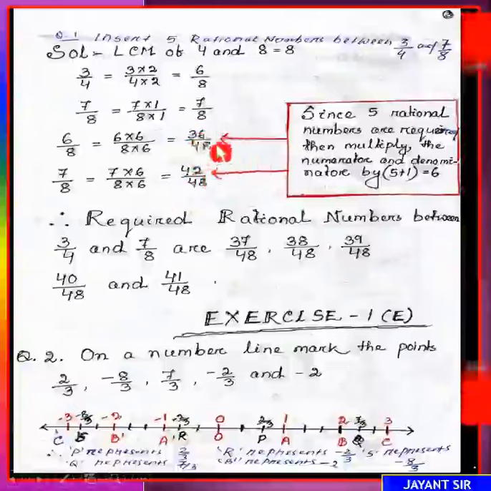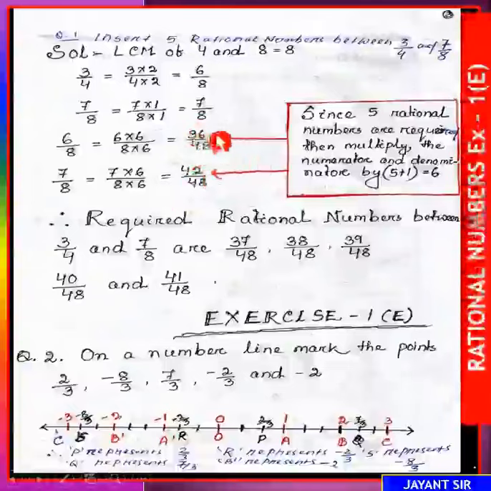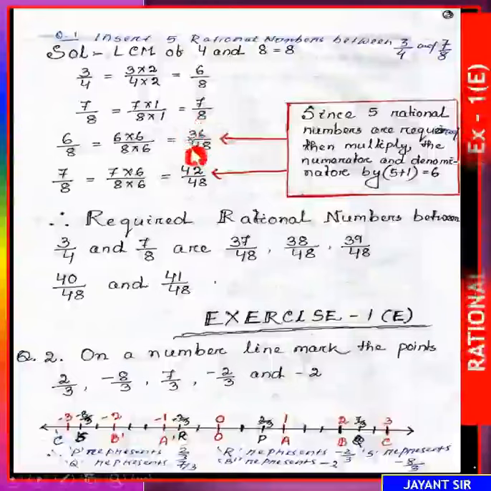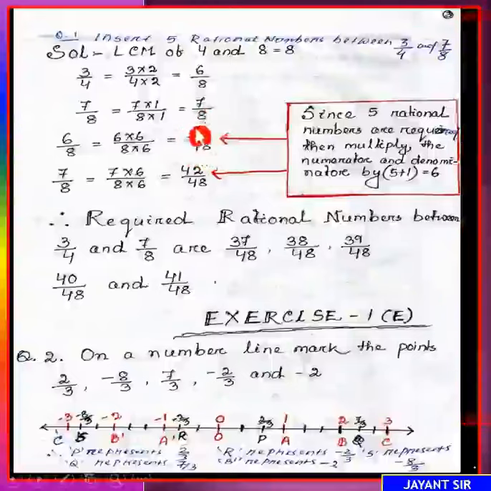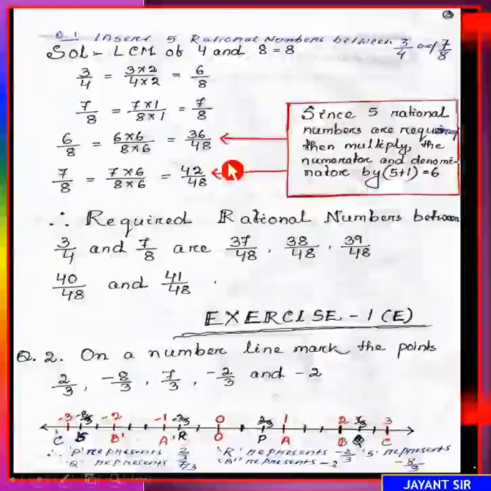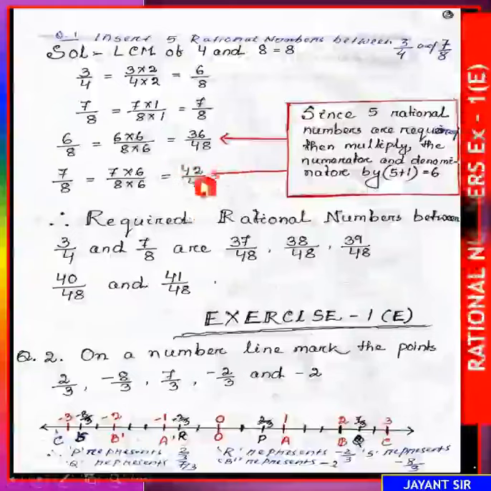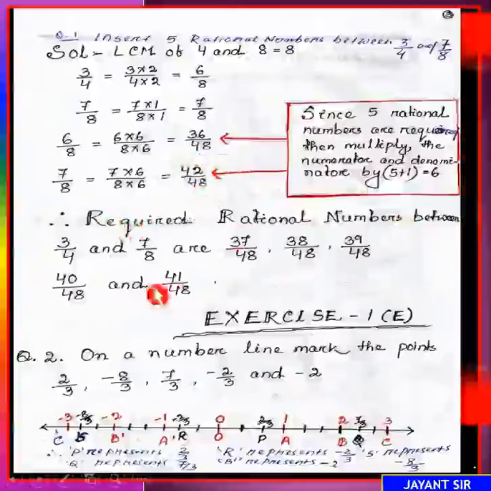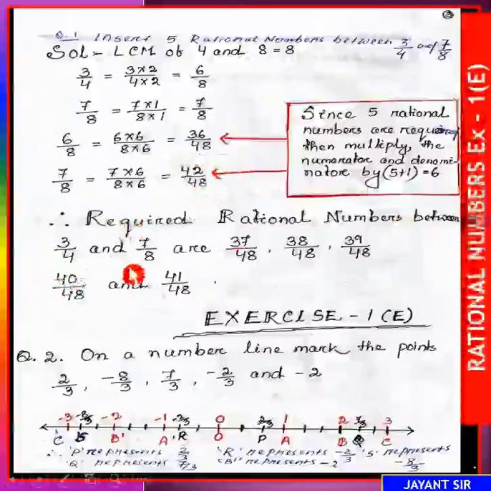We can go on counting: after 36 by 48 comes 37 by 48, 38 by 48, 39 by 48, 40 by 48, 41 by 48, and then 42 by 48.